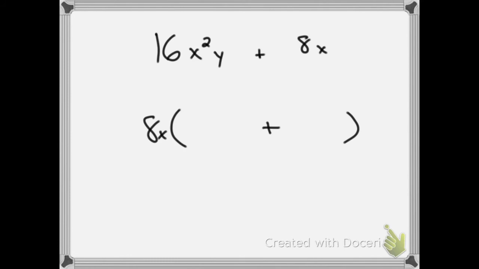So 8 times 2 will get us 16. But if we look at this exponent in the original, it's to the second power, so that means we need another x here, because when we multiply these x's together, we end up getting x squared. The y will stay here, right? We weren't pulling that out. Now over here, if you look at what we pulled out, that 8x, well, that's exactly what we got on the inside, so we're just going to put a 1 there.